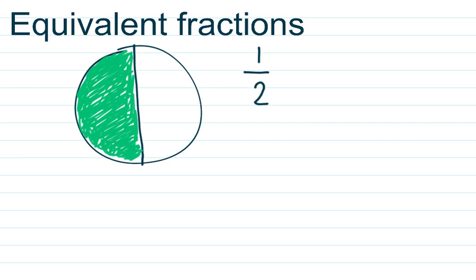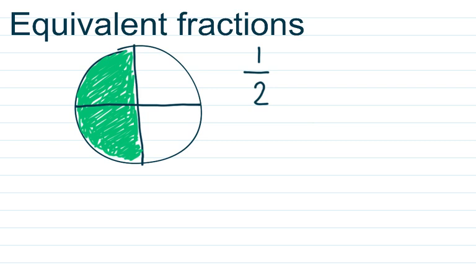An equivalent fraction to this could be this. If I divide my model again in half, you notice the same area is shaded, but now my denominator changed. Instead of having only two equal parts, now I have four.